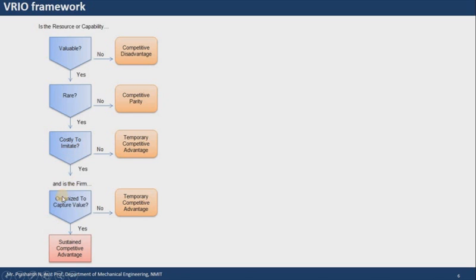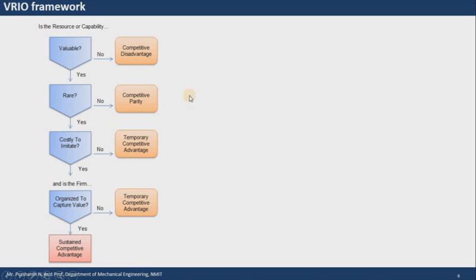Whether your organization is geared up to capture the value of all these inputs. If the answer to all these things is yes, then obviously you will be enjoying a sustained competitive advantage in the market. If the answer is no, then you will not have the competitive advantage; there will be competitive parity, and your advantage may be temporary in nature, and that is how it is.